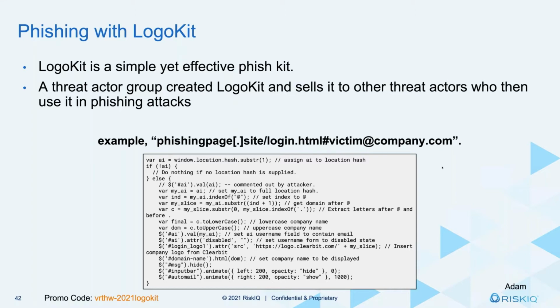We can see the phishing site, login.html, a hash, and then victim@company.com. LogoKit itself will pull that company domain, pull the logo from a service such as Clearbit, which is a legitimate logo hosting site, and then embed that into the document object model to make it look like a generic login page. So Jordan, if you could advance one slide.